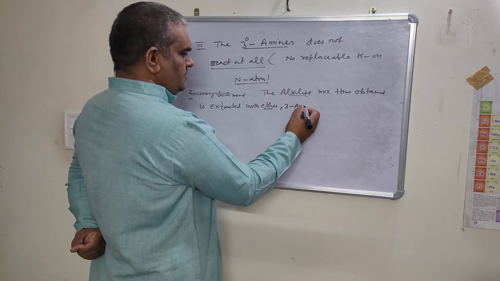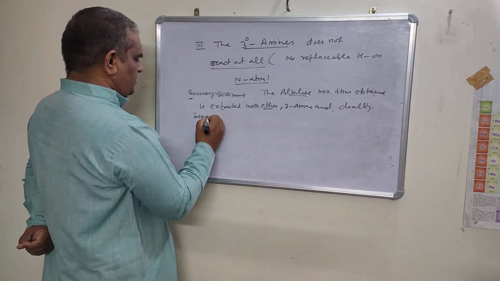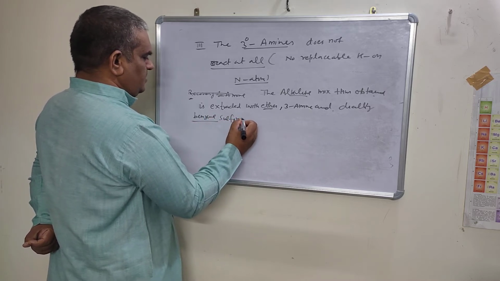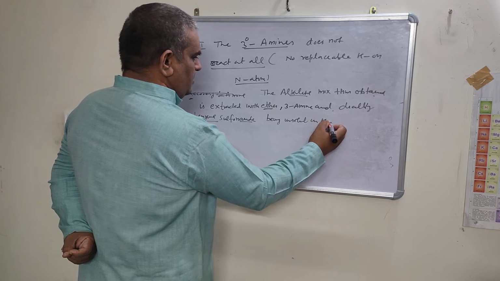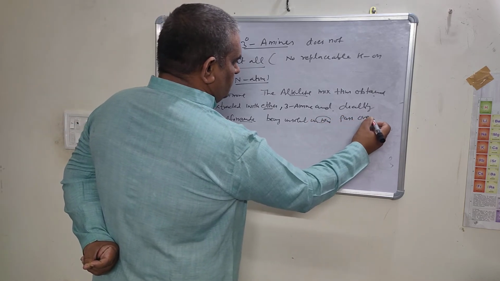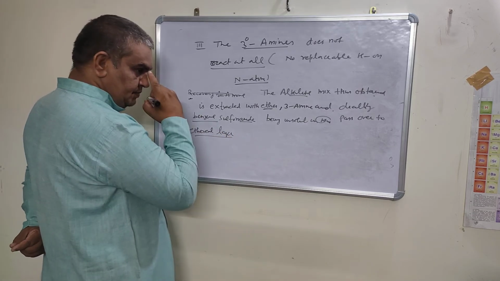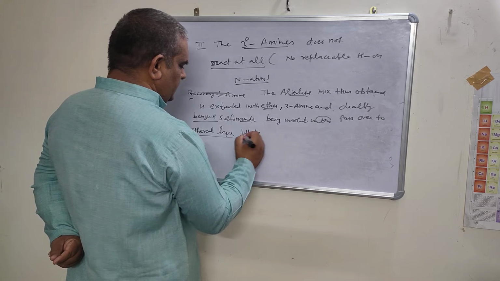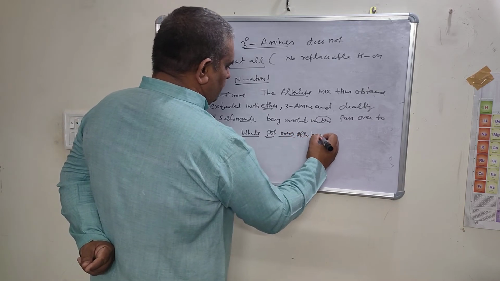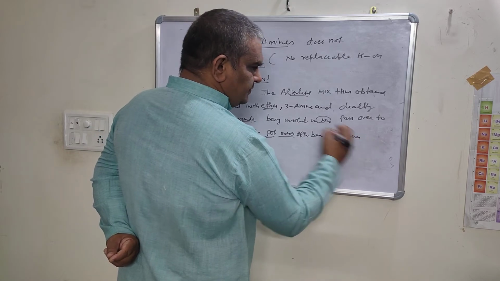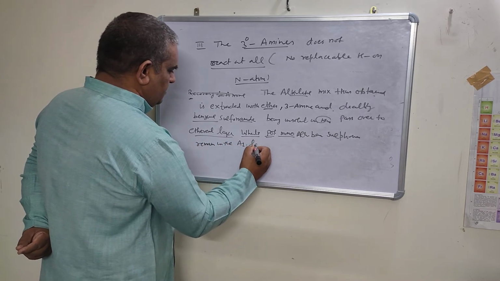Tertiary amines and dialkyl benzene sulfonamide, being insoluble in water, pass over to the ethereal layer, while potassium monoalkyl benzene sulfonamide remains in the aqueous layer.